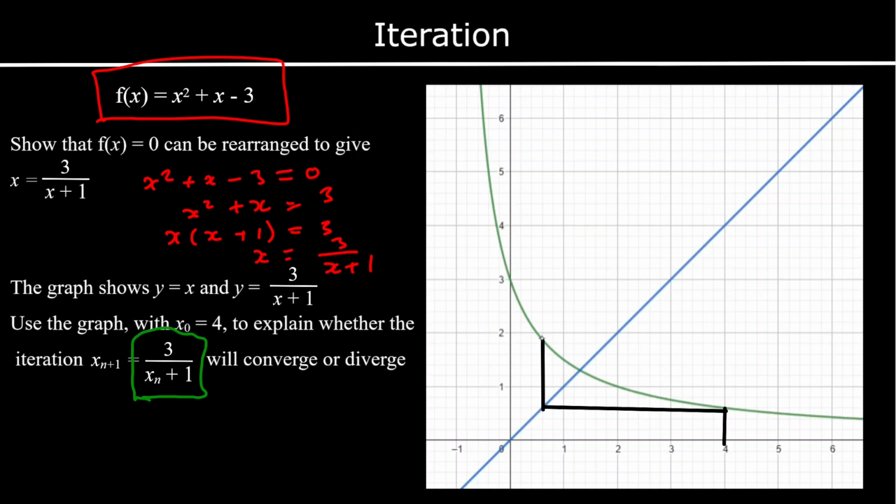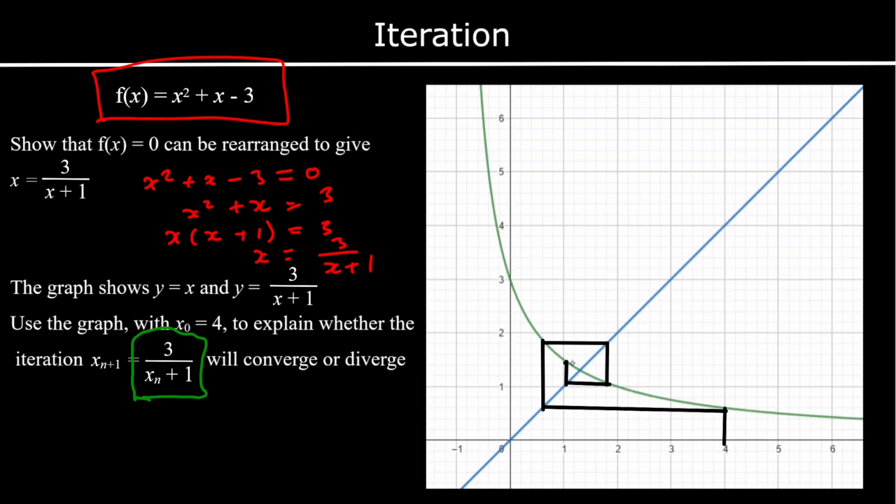We now want to put that into our green line. So we bounce it off. And we get out something just over 1.1. Now we want to put that in. So bounce it off of the blue line, the line y equals x. We get another output.